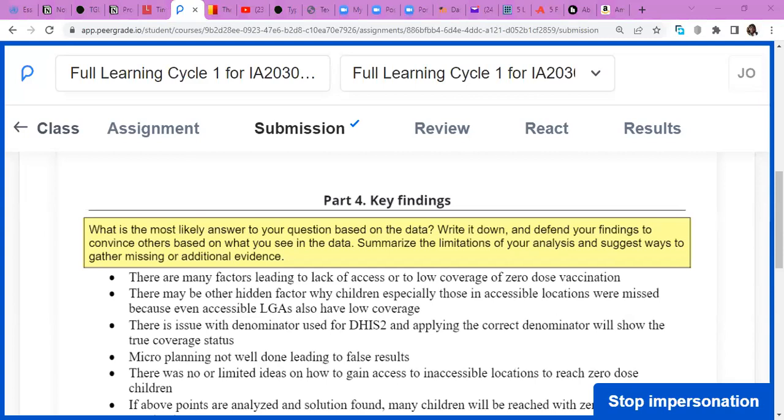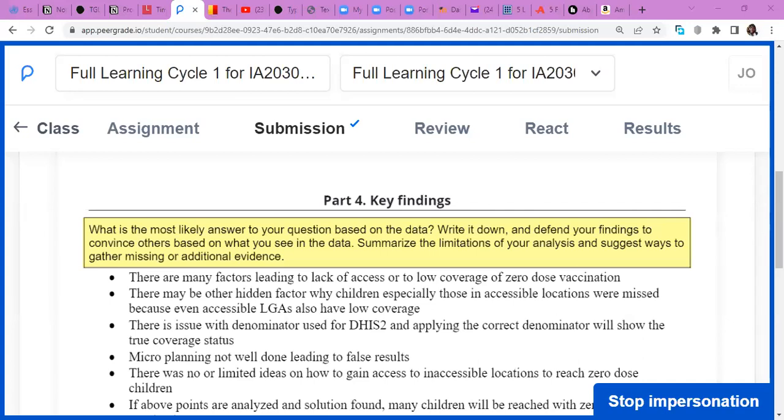And then, like I mentioned earlier, the issue of denominator is not really showing us the true picture of the coverage, because in some places the census figure of 2006 does not portray the reality of today. And then micro planning is not really well done.